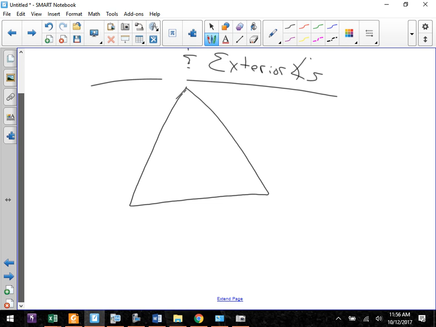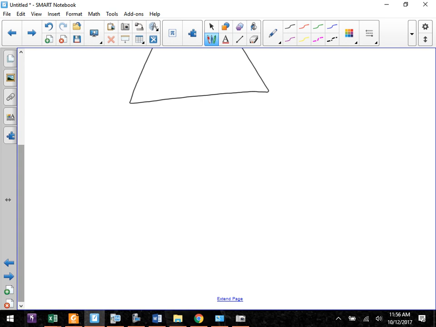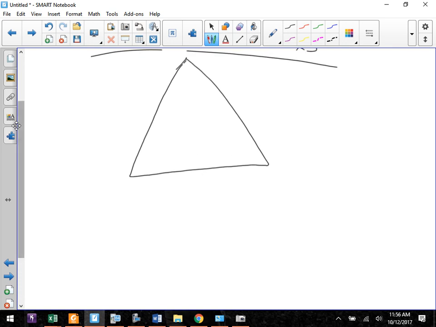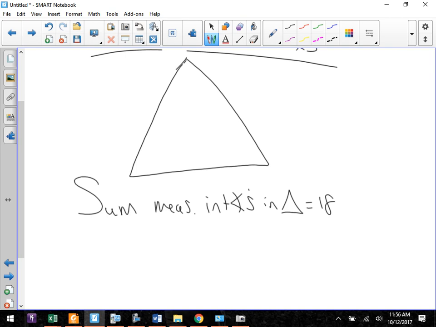So the sum of the measures of the interior angles in a triangle is 180 degrees. And I'm pretty sure each and every single one of you guys knew that.